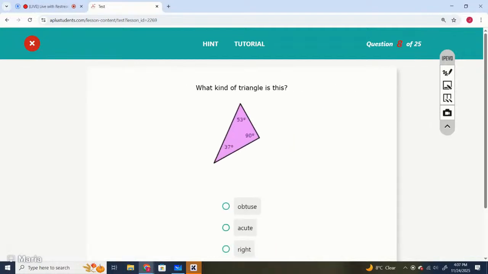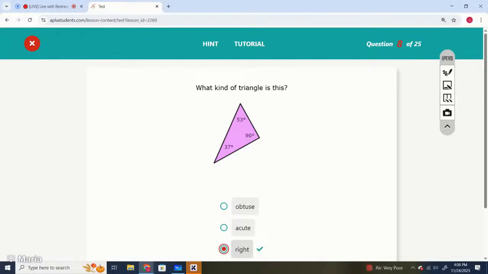Option number 3 is the correct option. What kind of triangle is this?